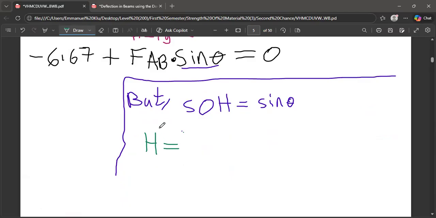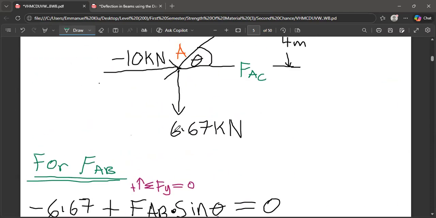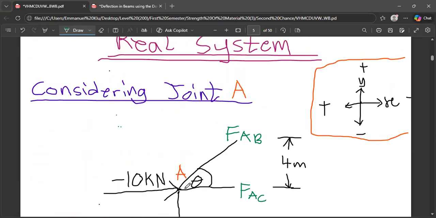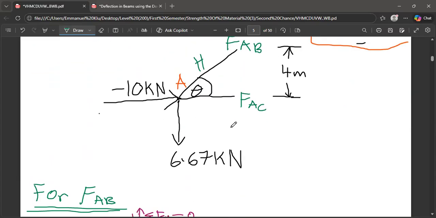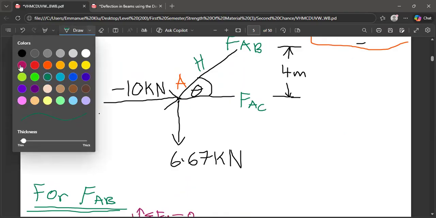H squared. If you want to consider this for the h, it means that this is the h over here. And why are we calculating for the h? Because we want to know the distance. Okay. You see this that we are having over here. This is 4 meters.